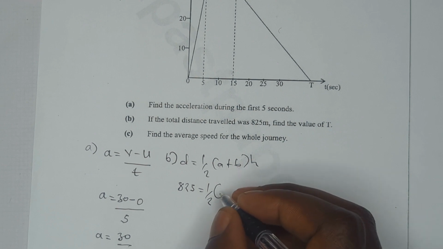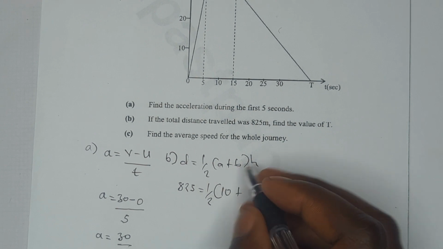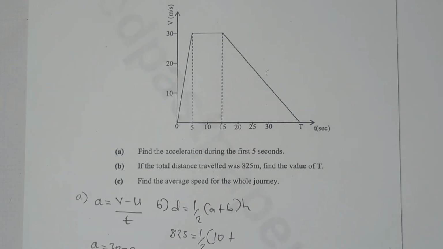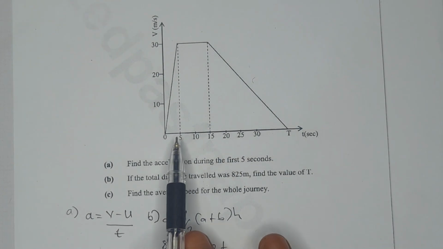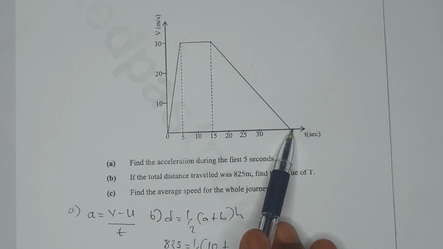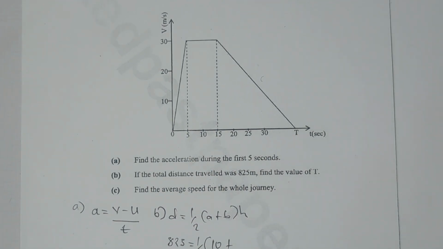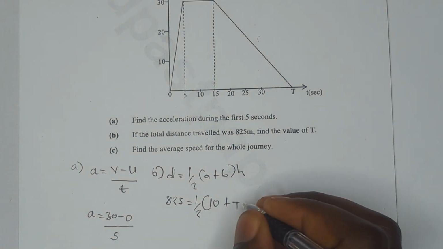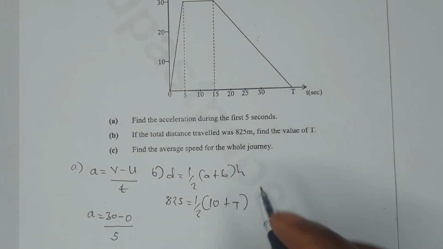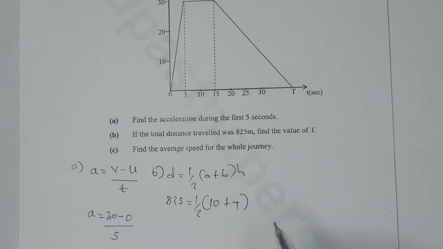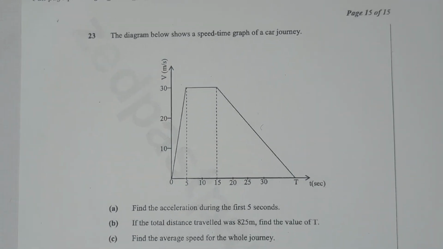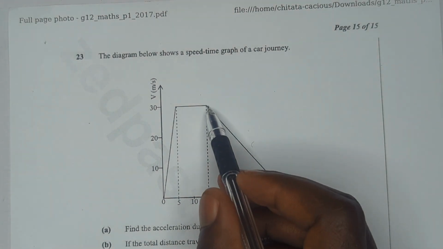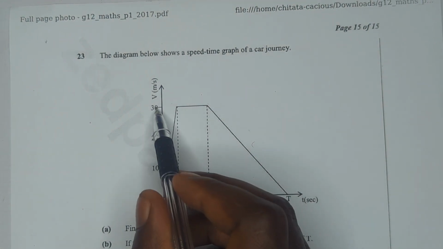So on A we put 10, plus the value of B is the specific time, from this point to that point, that is t, the value that we are calculating. H represents the height of our trapezium, the distance from this point to that point, which is 30.